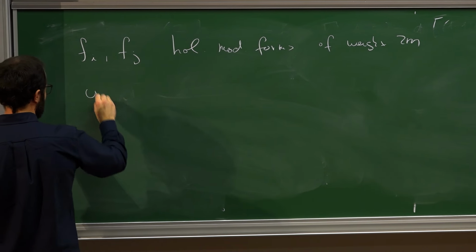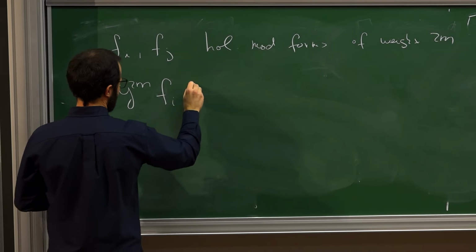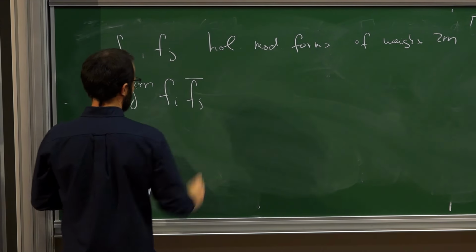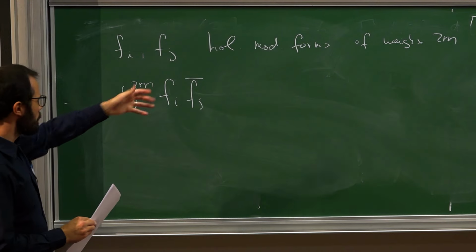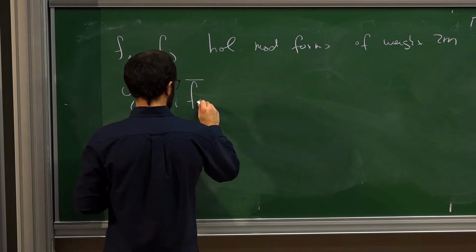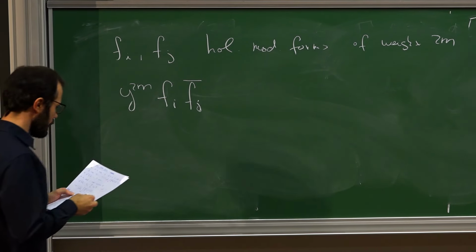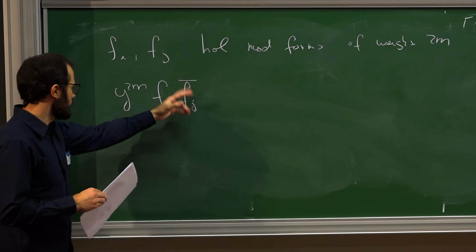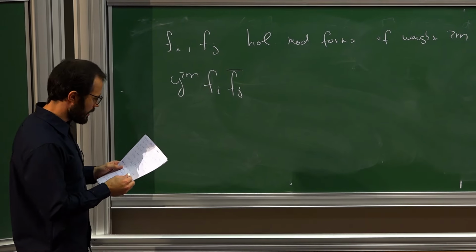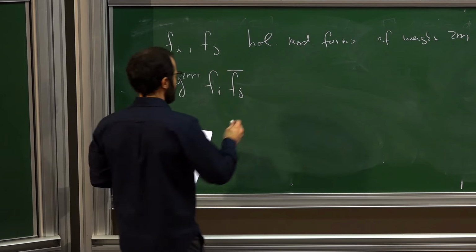Then we can consider this function, which is y to the 2m times Fi Fj bar, and let's assume that gamma is compact for now, so no cusps. Then this is a genuine function on the surface because we are canceling the transformation of that by the transformation of y. You can check for yourself this is invariant from the definition I gave before.